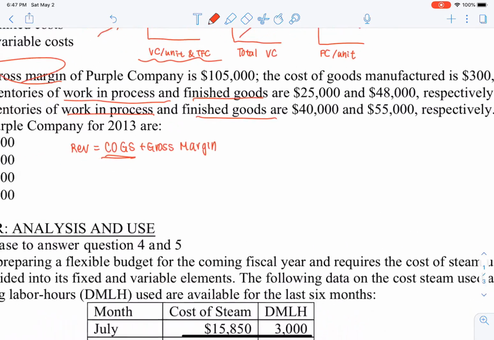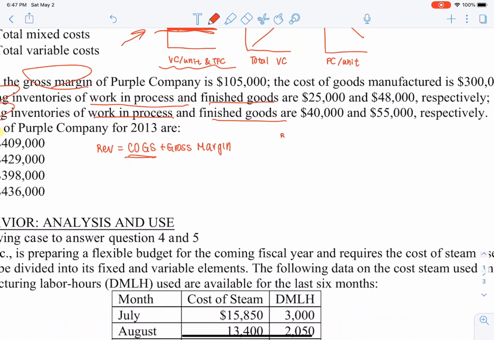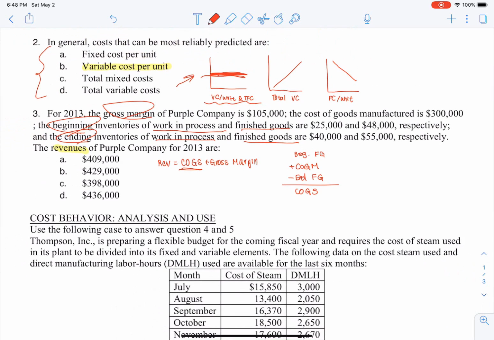We need the beginning finished goods plus the cost of goods manufactured, and subtract our ending finished goods, and that is our cost of goods sold. Let's plug in the numbers.